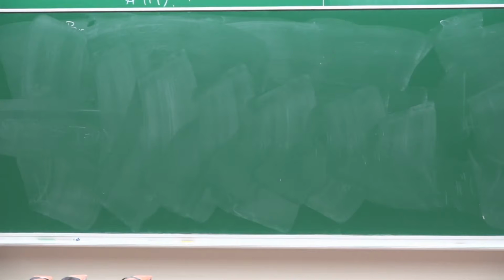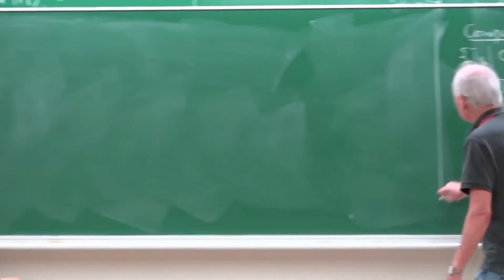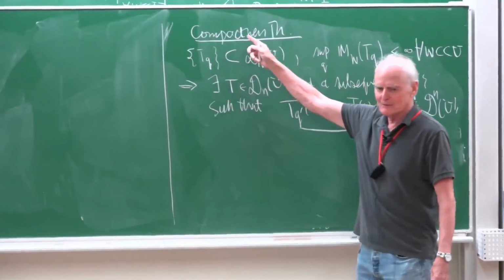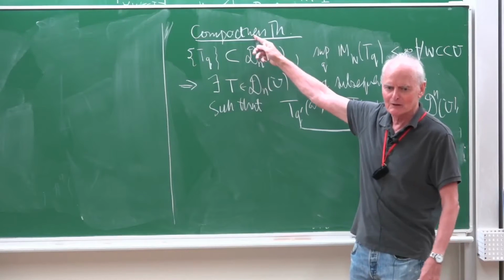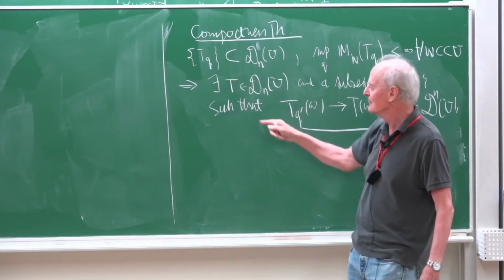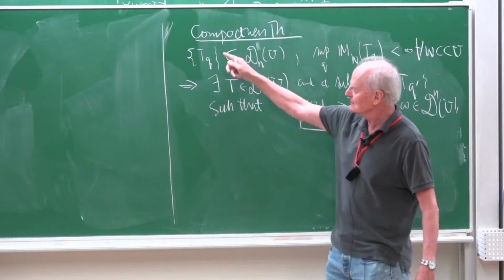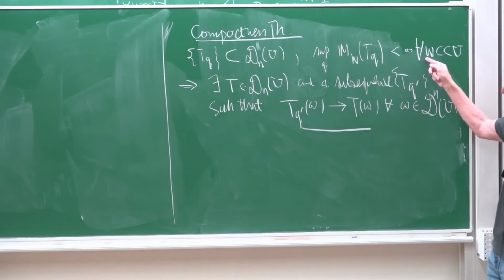All right, so let's continue. Let's see if we can prove this here. By the way, this is not the dramatic compactness theorem that I mentioned a couple of lectures ago. This is the so-called easy compactness theorem. It's very general because you just take an arbitrary sequence with this property.